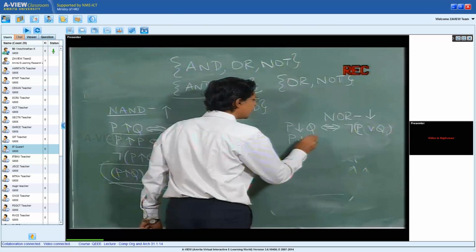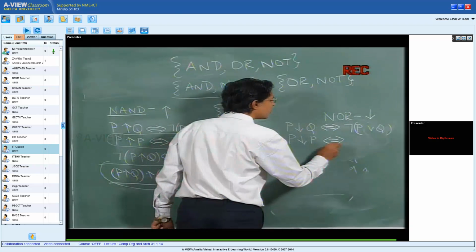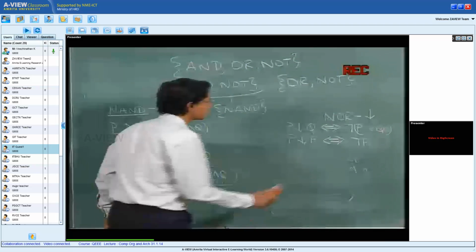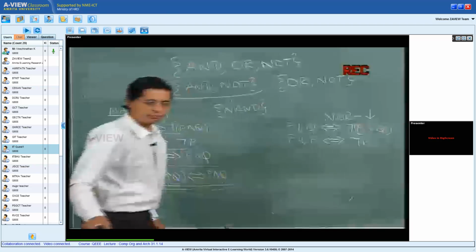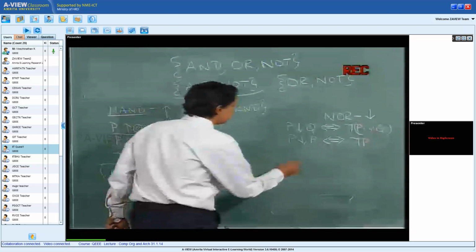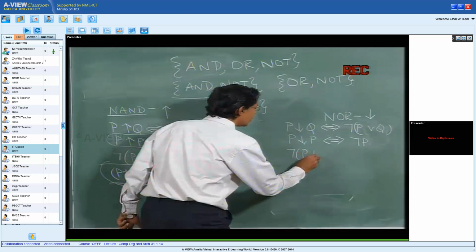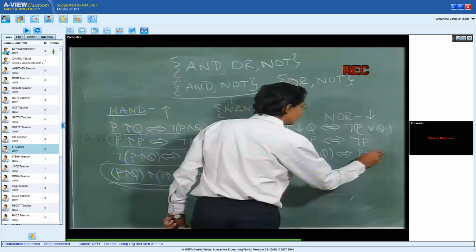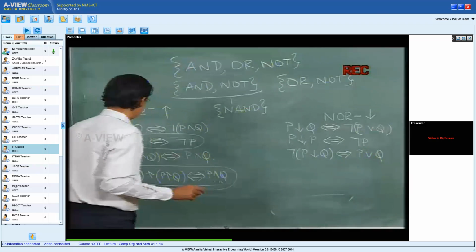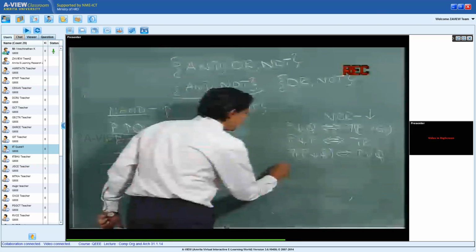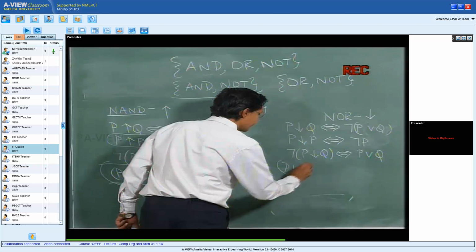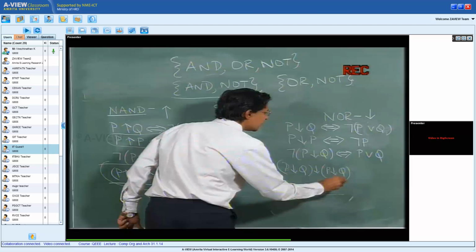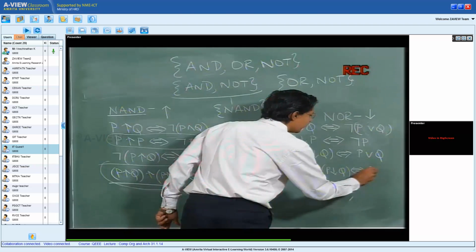P NOR P is equivalent to NOT of P. So NOT of (P NOR Q) is equivalent to P or Q. So (P NOR Q) NOR (P NOR Q) is equivalent to P or Q.